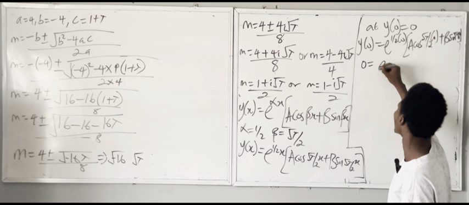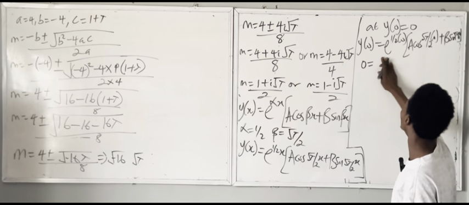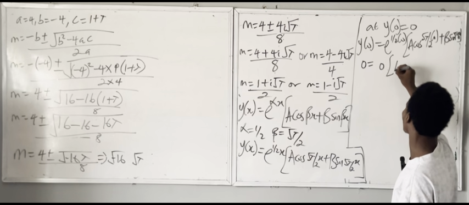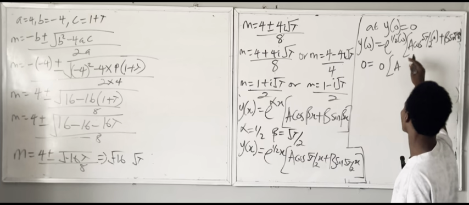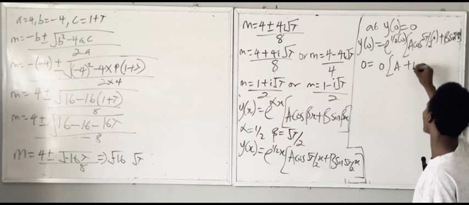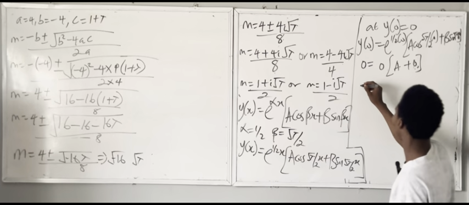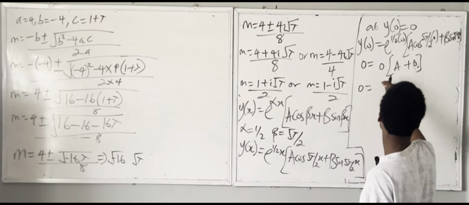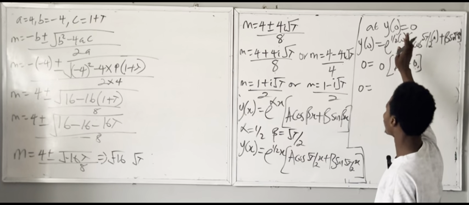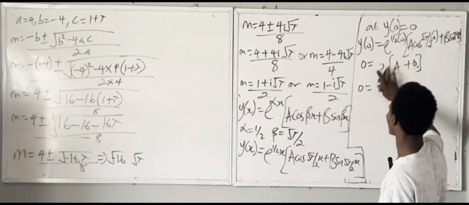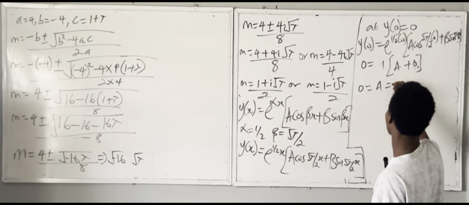So 0 is equal to exponential 0. I'm going to have A cos 0, which is 1, so A times 1 is A, plus B sine 0, which is 0. Exponential 0 is 1. So therefore my A is 0.